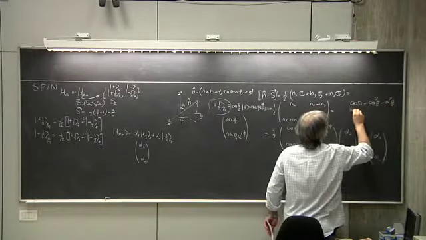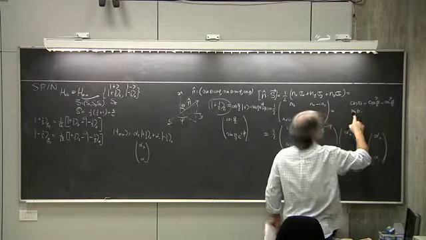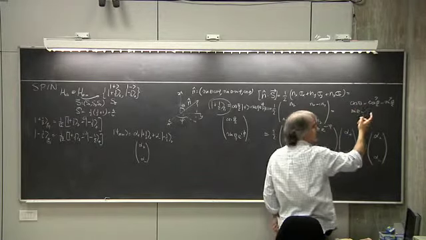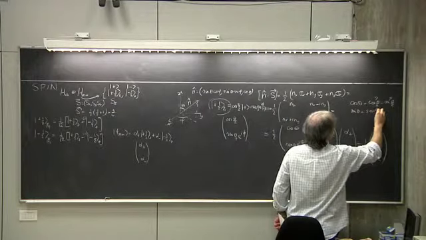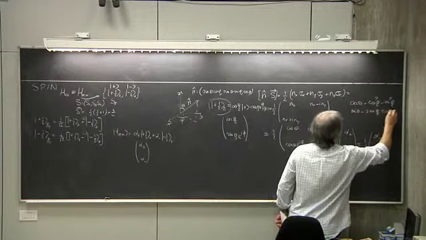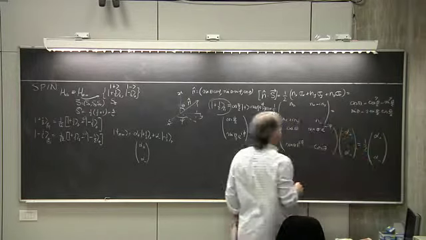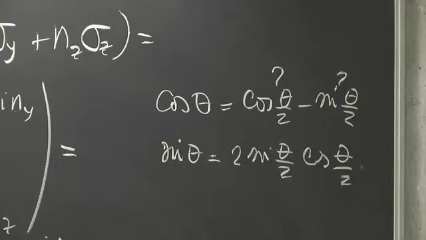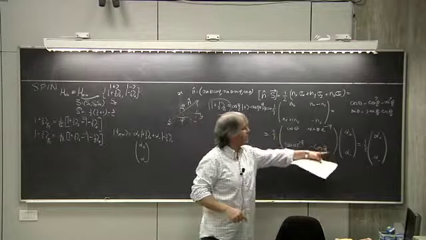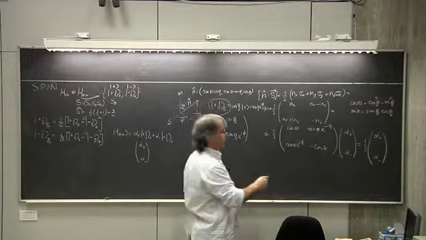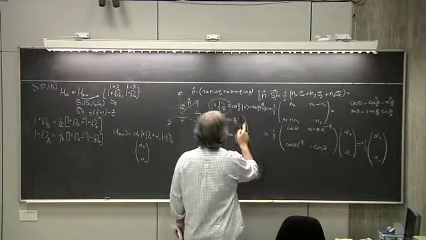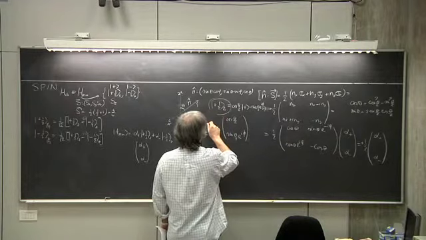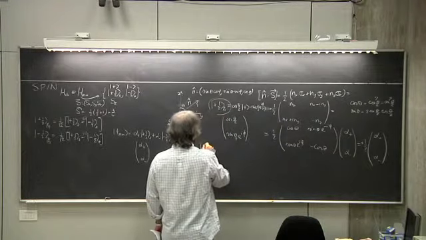And similarly, sine theta you can write as sine of 2 times theta over 2, and this is just 2 sine theta over 2 cosine theta over 2. And with these two expressions, it's very simple to show that this is indeed an eigenvector of this matrix with eigenvalue plus 1/2.